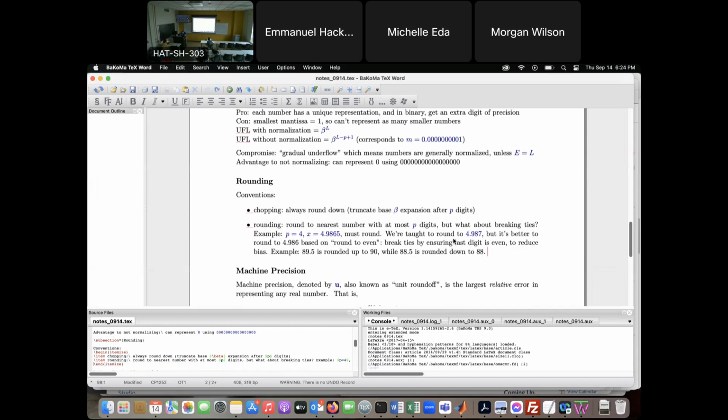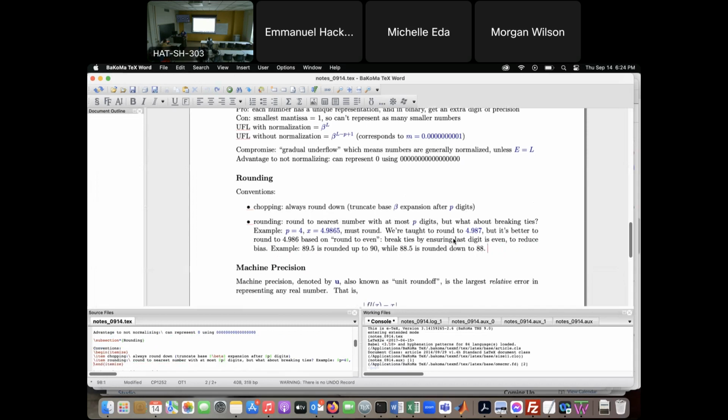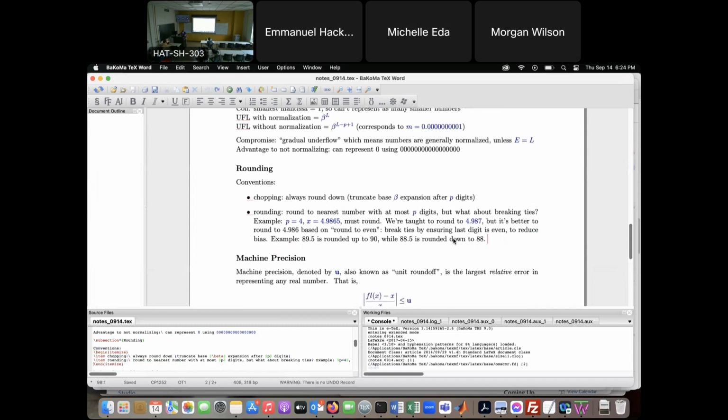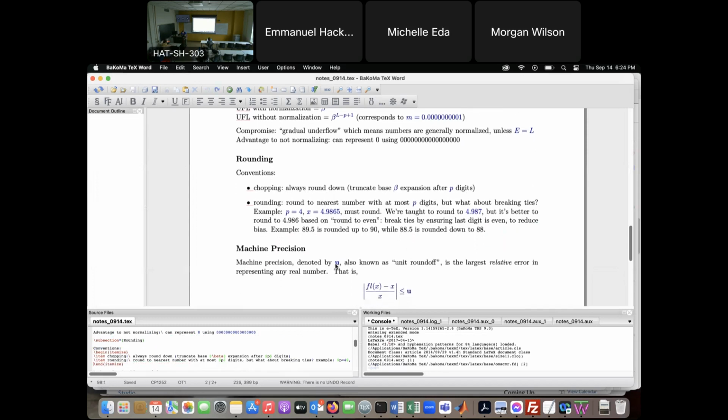Okay. Now, rounding leads to the concept of what's called machine precision, also known as unit round off. So, when you represent a number that cannot be represented exactly, like pi, for instance, there's going to be some error. So, this number, a bold U, referred to either as machine precision or unit round off, is the largest relative error that you could incur in representing a real number.